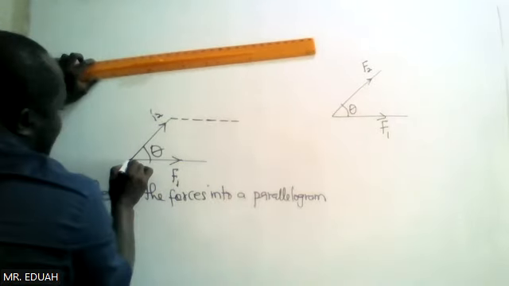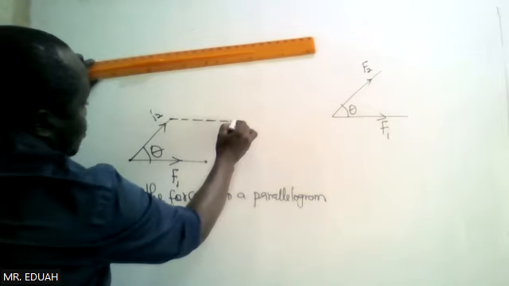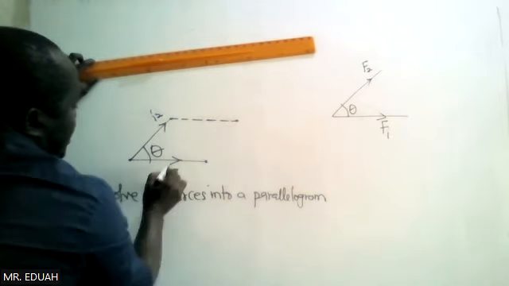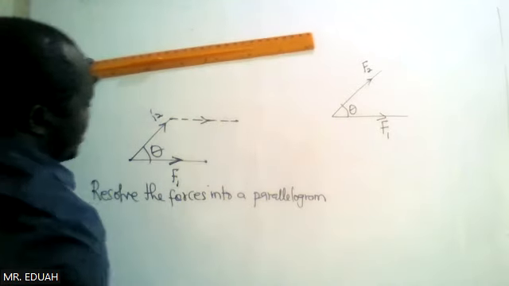So if the magnitude from here to here is x, from here to here must also be x. There's the direction of F1, it must bear the same direction.